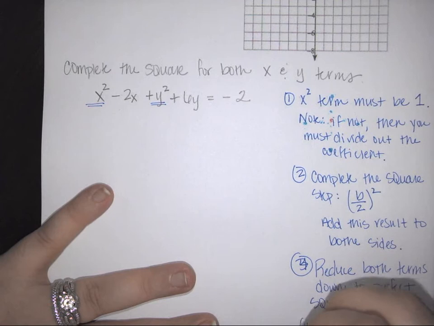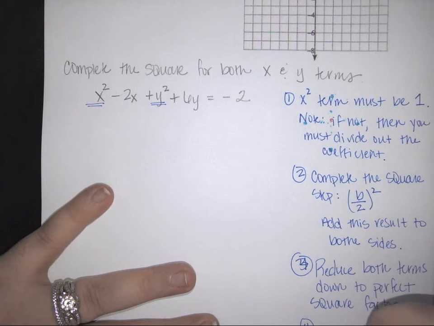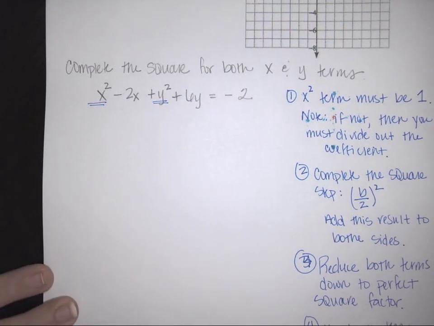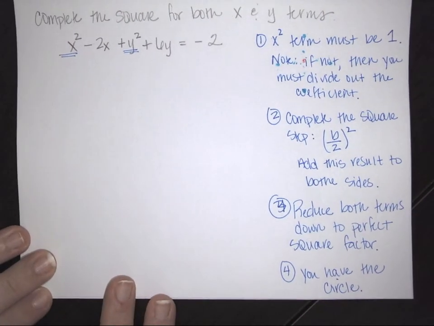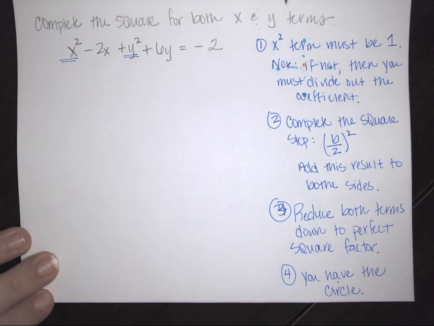And then the fourth step is you have the circle. Okay, so the last step is that now you've got your circle. So let's go ahead and take a look at this idea.